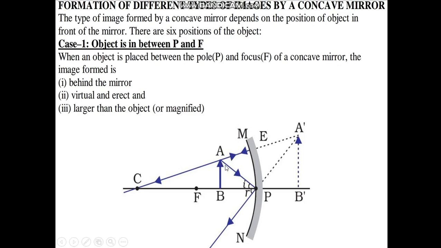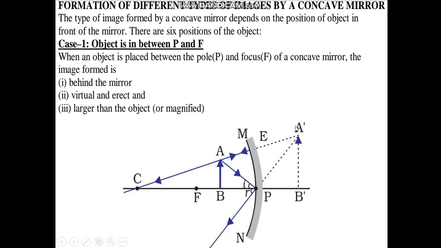Next, another ray is passing through the pole, so it will pass in this direction. Here you can see this ray is going in this direction and this ray is going in this direction, so they will never meet here. So we have to stretch them backwards and they are meeting at this point.